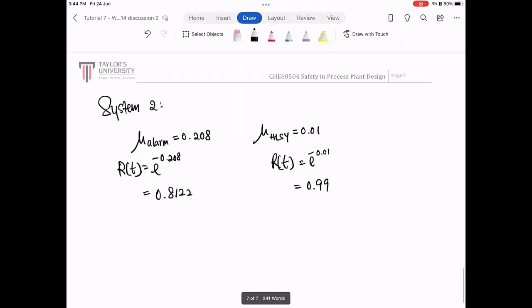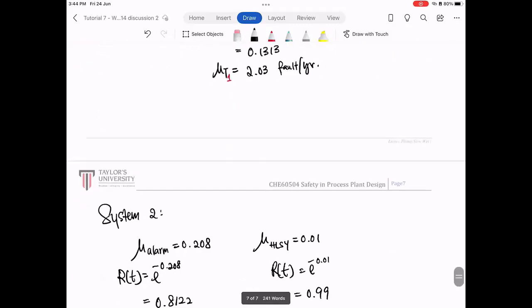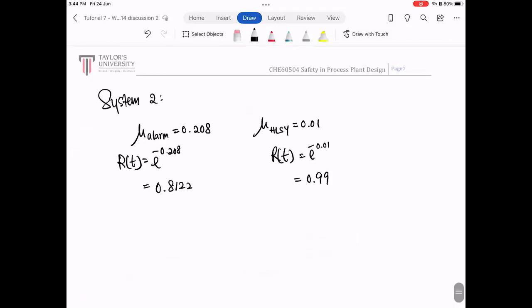Okay, so now, again, this system is an OR system, so you need both to fail the whole system. So it goes back to overall reliability, which is the product over i equals 1 of Ri.